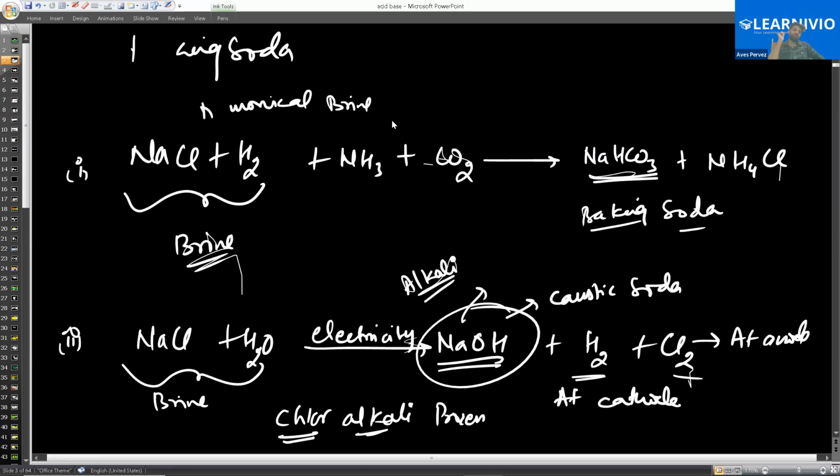Yes, Junaid, do you have both preparations, of NaOH and of washing soda, in your notebook? Yes or no? I have to write this part down. We are going to write it. Yes. Write it fast.